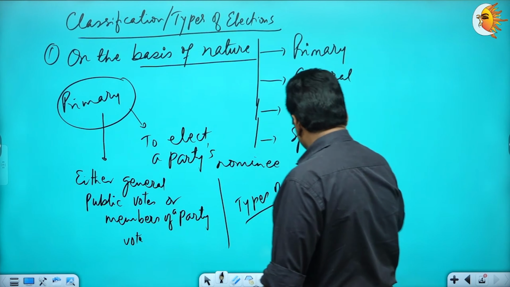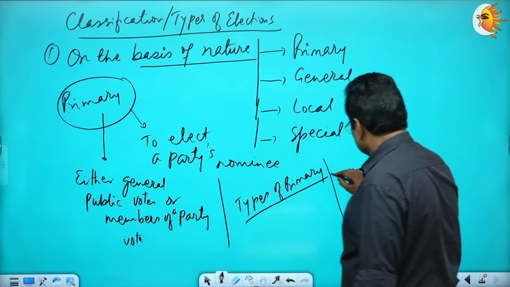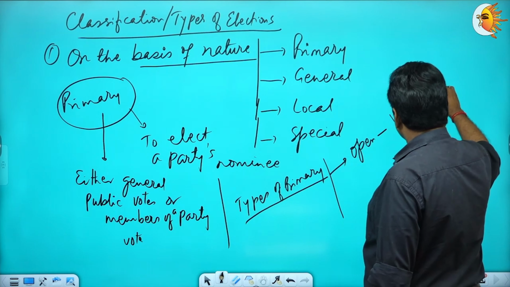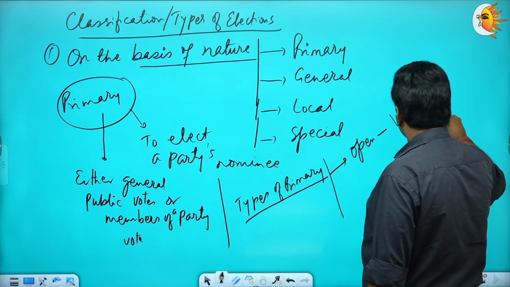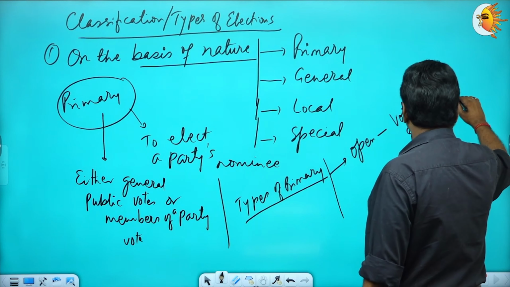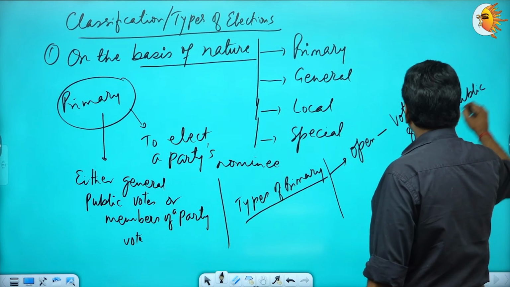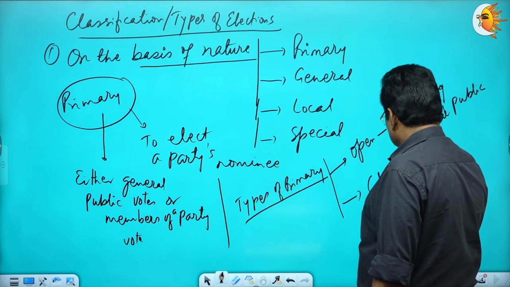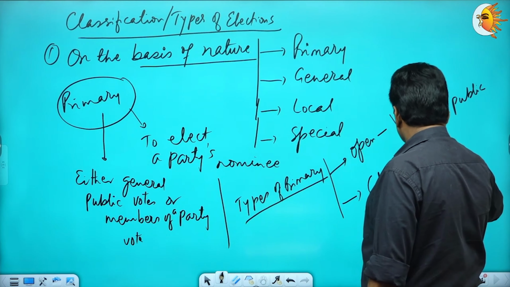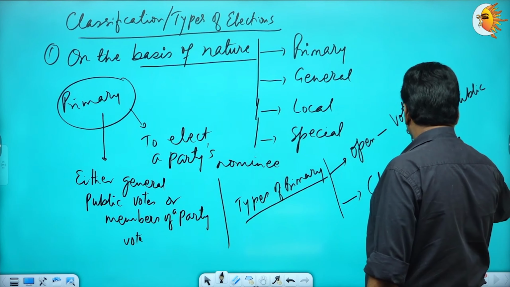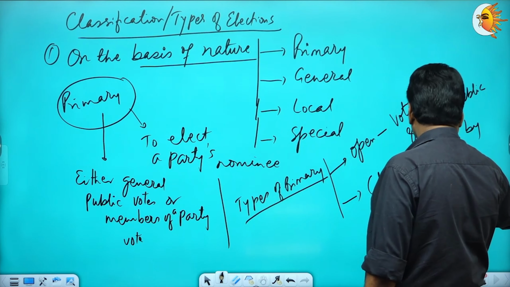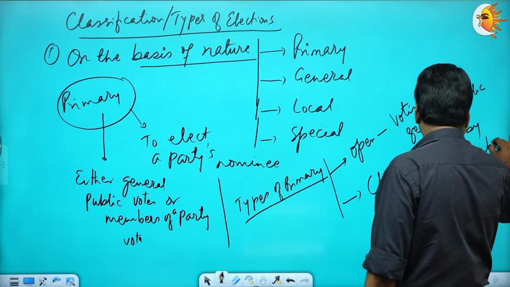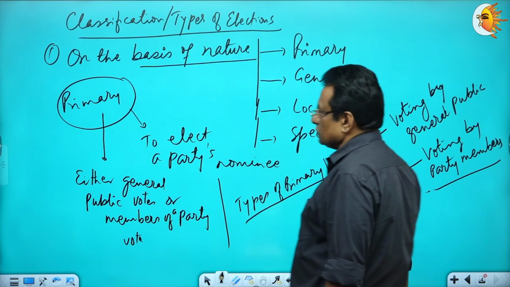Types of primary will be open. This is voting by general public, and closed, voting by party members.